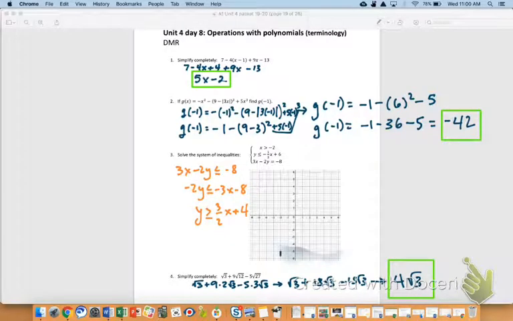So the first one is that vertical line. X is greater than -2. So I'll do this. And it has to be a dotted line, of course. Let's go with this. So there's that.